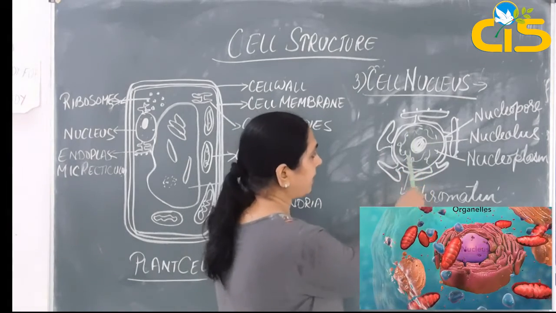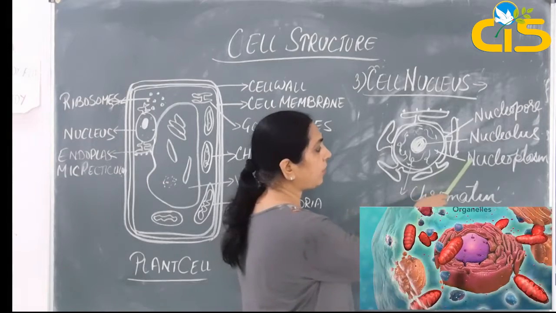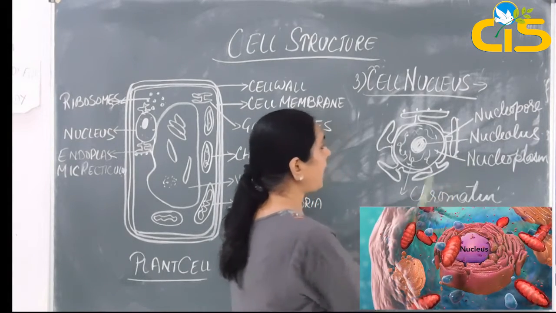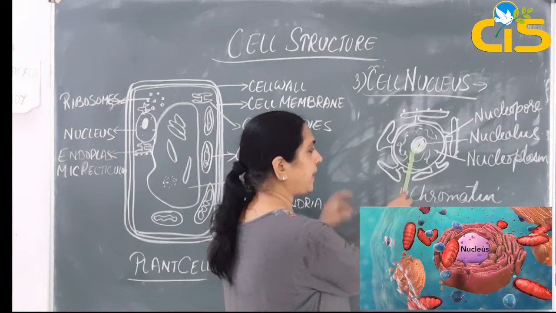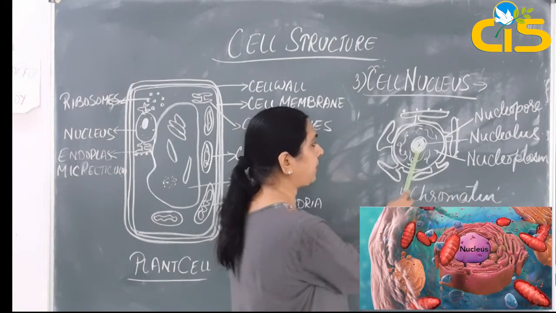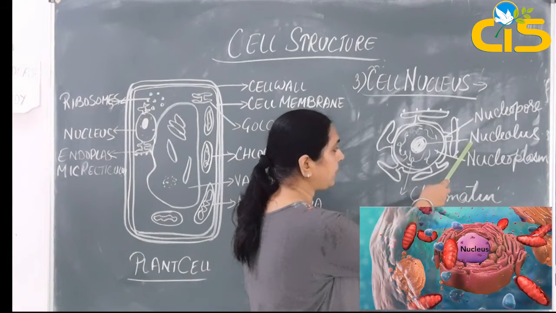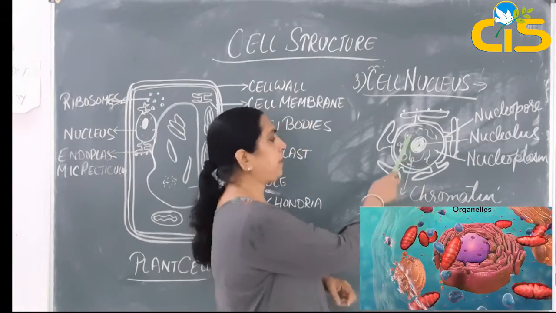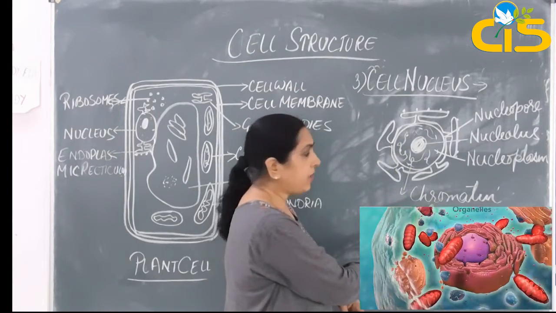Now, the inner dense colorless fluid that is present is called nucleoplasm. In the interior part of it, a round dense ball is present, which is called the nucleolus. That is the main internal part of the nucleus. Then in the nucleoplasm, there are suspended thread-like structures which we call chromatin.